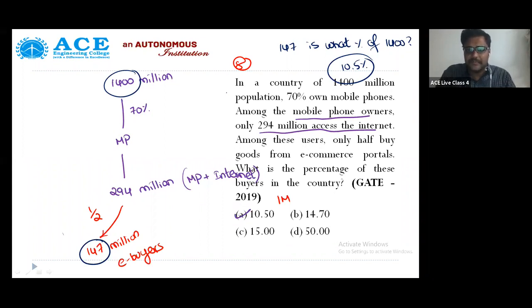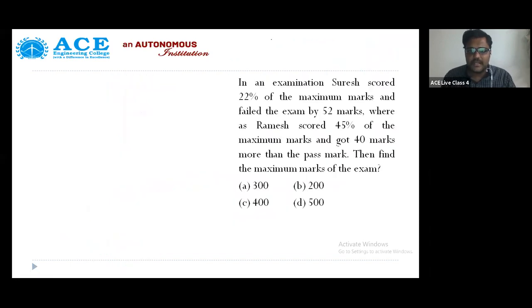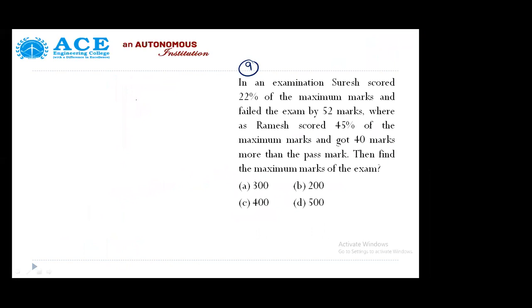Then we'll go ahead. See this ninth question now, still in basics. One important point before going for the ninth question, listen, my dear friends, where to assume value. You are assuming value for unknown, right? Assuming value for unknown is allowed only when the question is all about percentage or ratio.